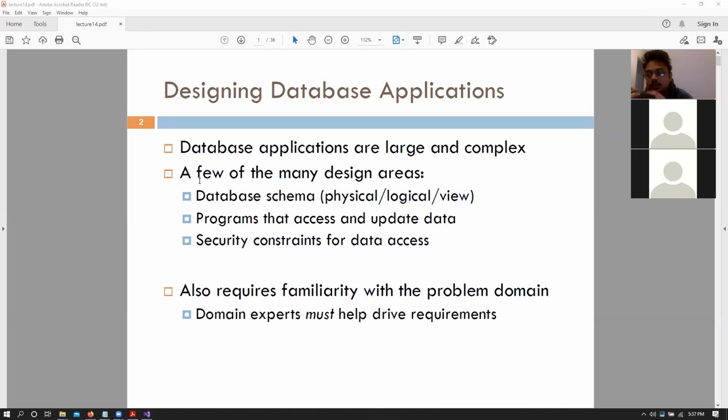And that also means that we need a way of visualizing the database so that you and that domain expert can understand the requirements.